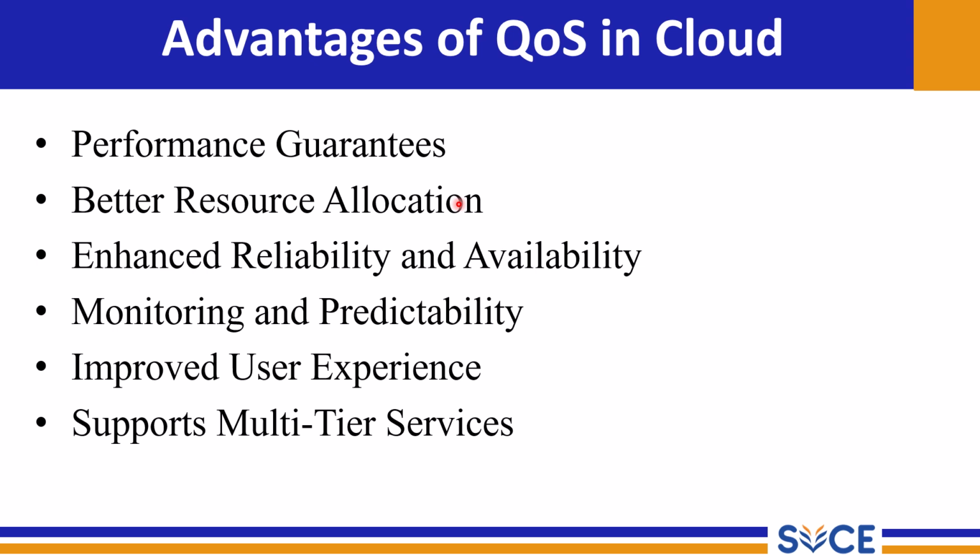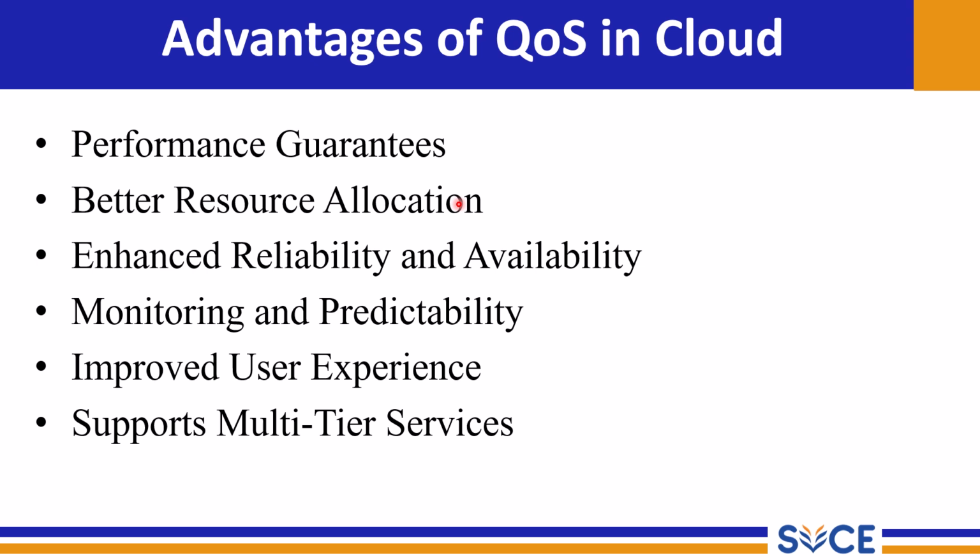And service level agreement: QoS is a crucial element in SLAs, ensuring that cloud providers meet agreed upon service levels and performance expectations. And user experience: QoS directly impacts the user experience, and thereby it ensures that applications perform as expected even under load. Okay. So this is about QoS in cloud.